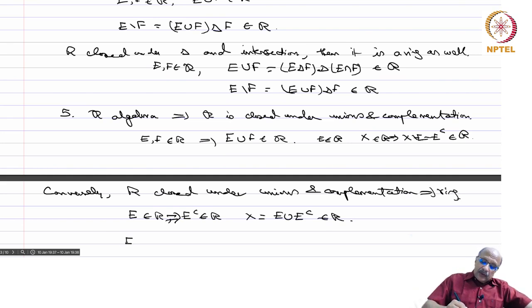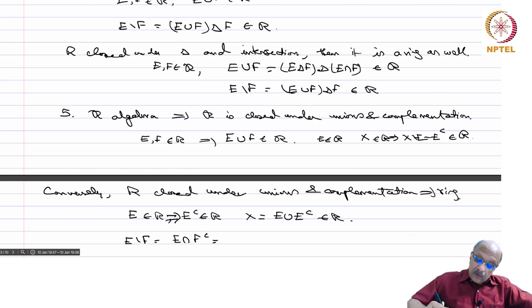And then what about the differences? E minus F is nothing but E intersection F complement, which is equal to E complement union F, whole complement.